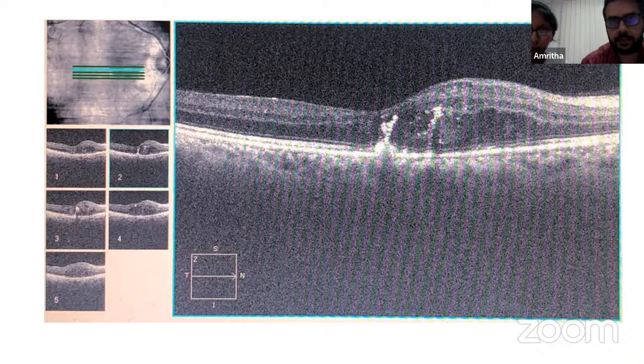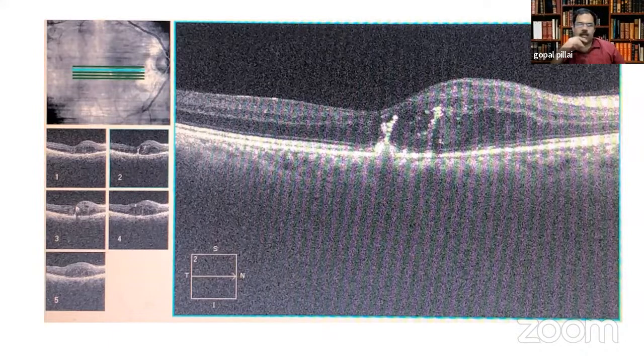Then nasal to the fovea, there is a bit of intraretinal edema along with these hyperreflective coagulated dots, which can be suggestive of hard exudates, especially since there is a bit of back shadow also. Okay, so there are hard exudates, there is edema, there are multiple small hard exudate plaques also, right?